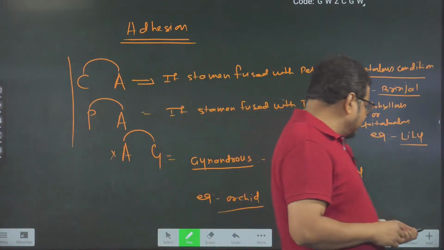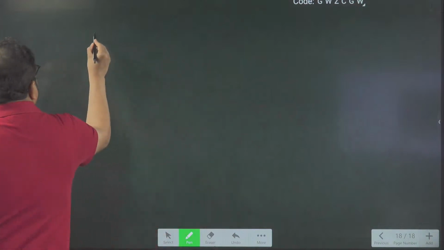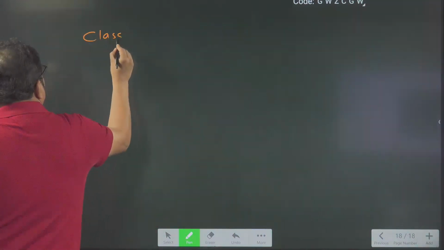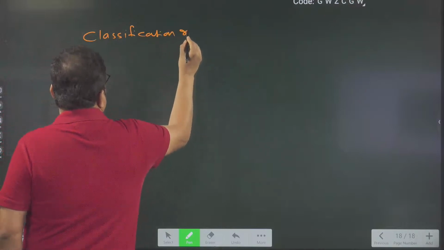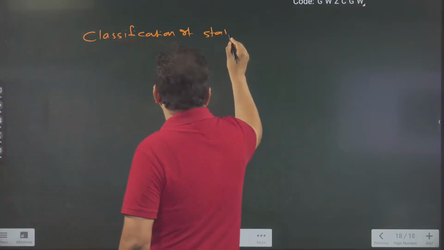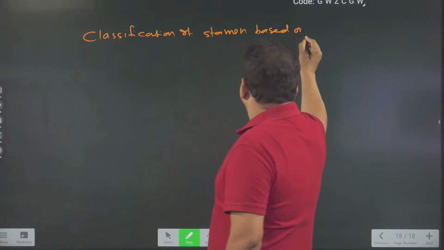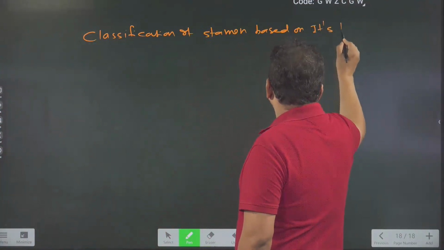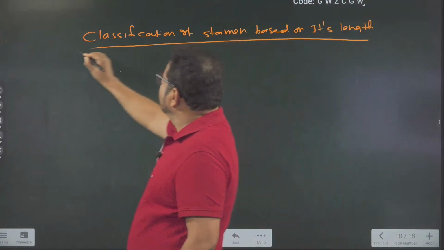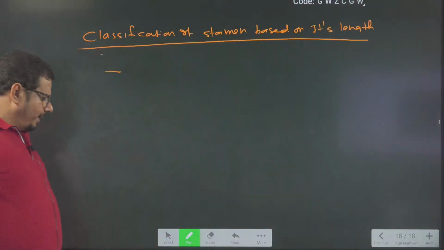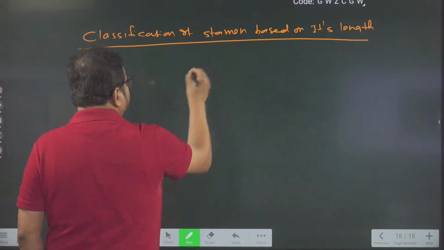Now further we are classifying the stamen based on its length. Classification of stamen based on its length. So two conditions are there.